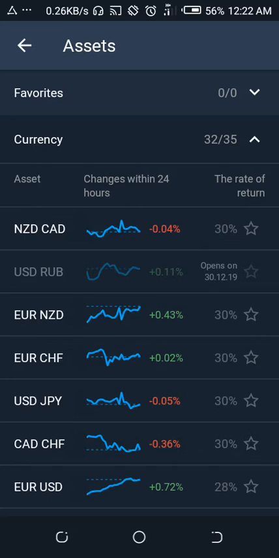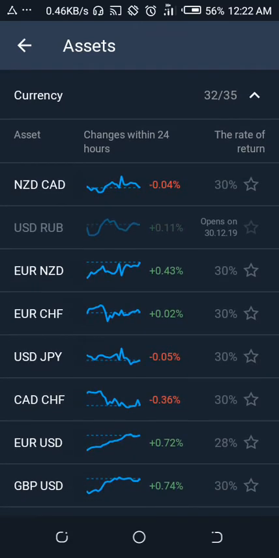New Zealand dollar is 0.43. Euro CHF, that is Euro Swiss franc, is 0.02.